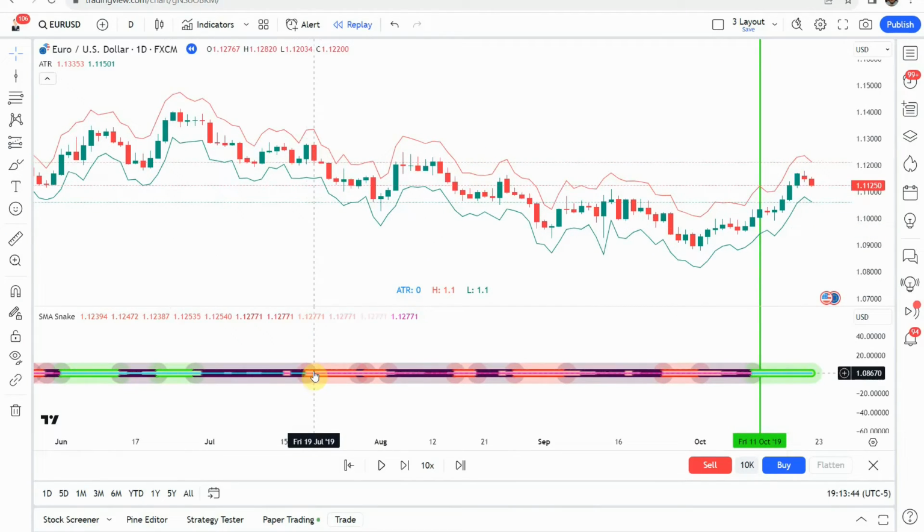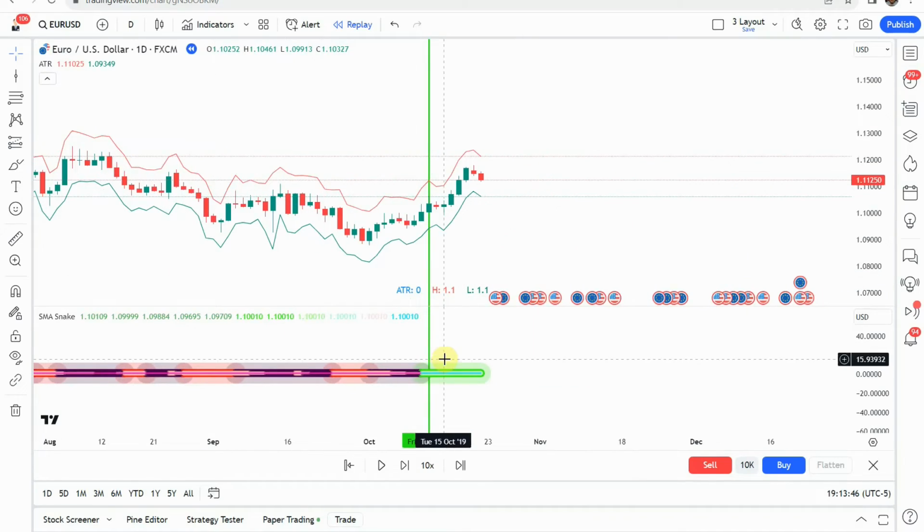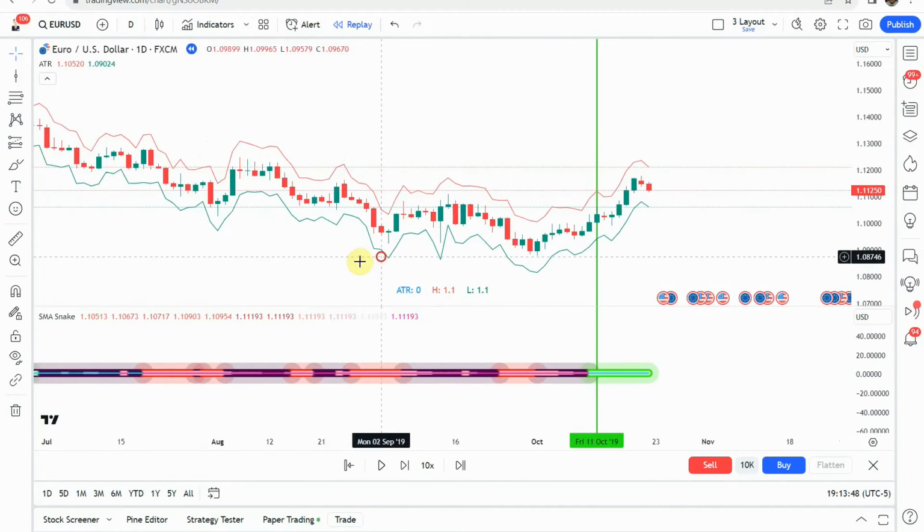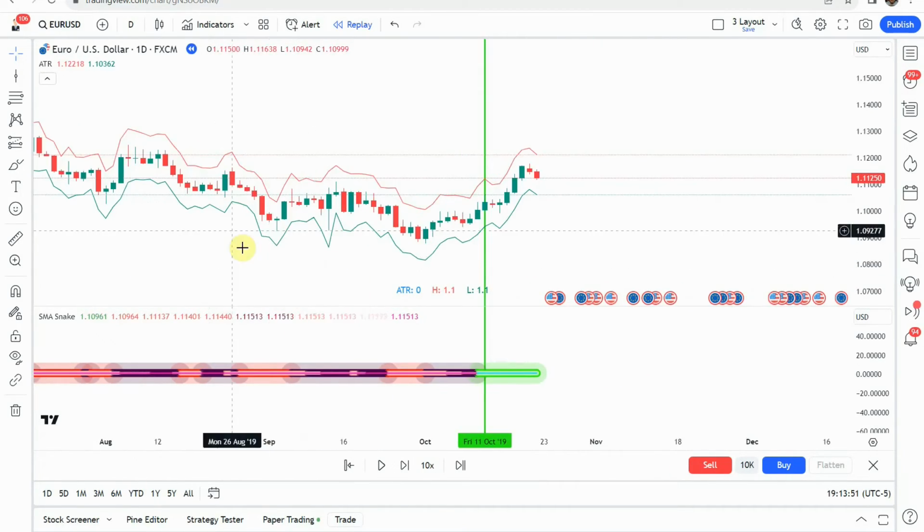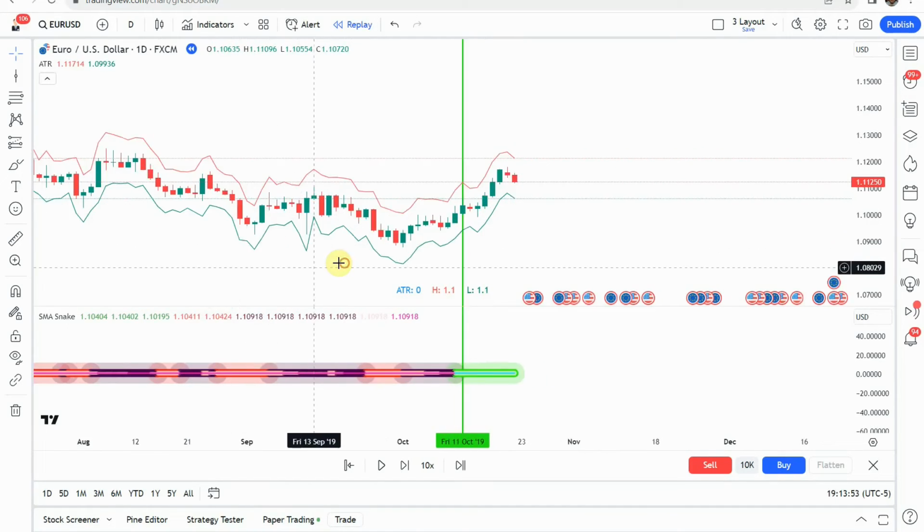You would look for the red coloration to take place, and when it takes place, we would take a short trade with the target being this lower ATR line.